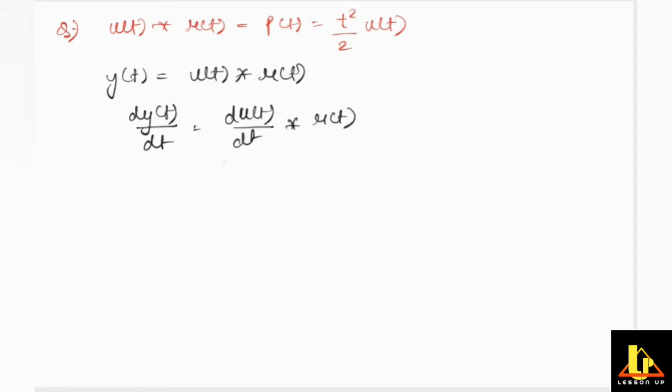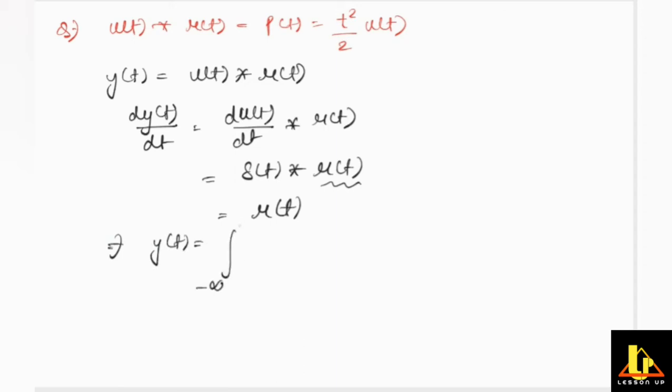Now we all know that differentiation of unit step is impulse. So if you convolve any signal with impulse, the signal will get replaced. So this will be r of t, and y of t will be the integration from minus infinity to some value of t of r of t dt, and you will get the integration of ramp, that is the parabolic function p of t.